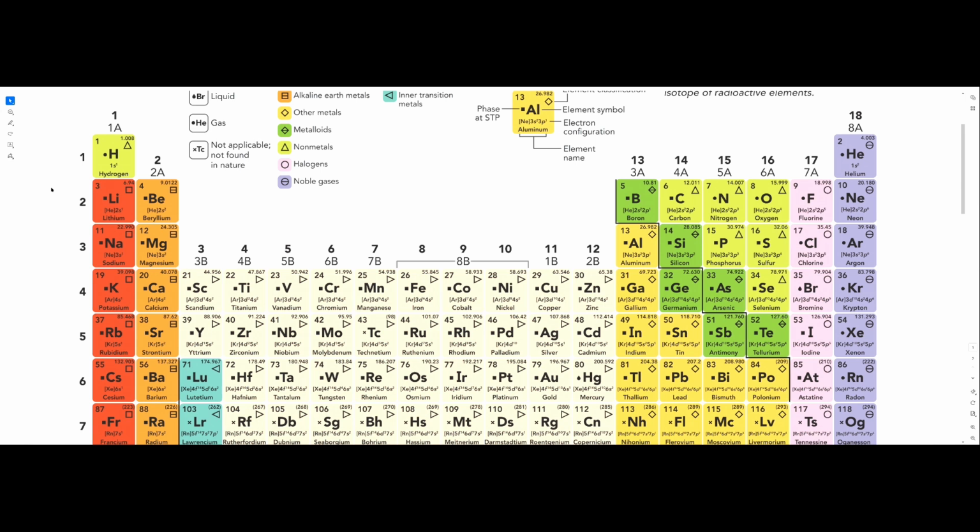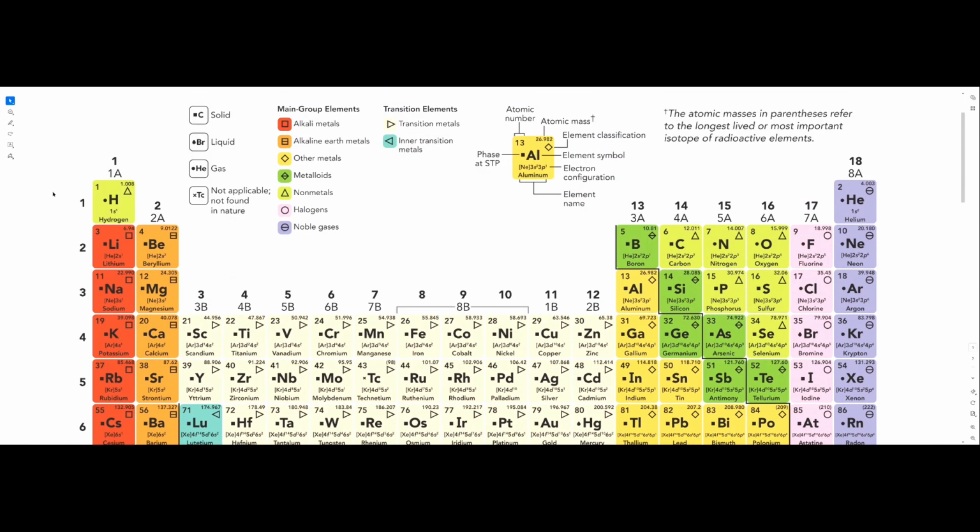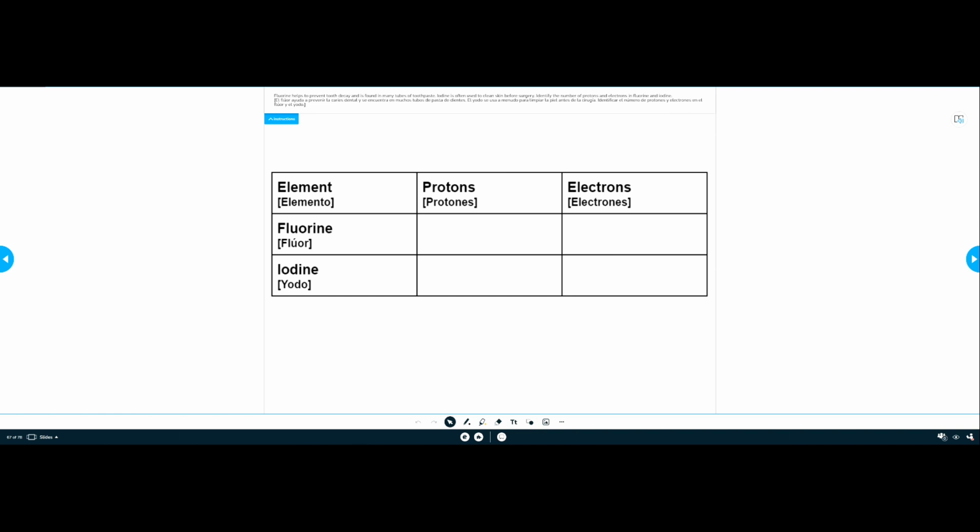Both of these elements can be found on the far right-hand side in the pink area. Using the legend at the top middle of the periodic table that we saw in the Nearpod lesson, the atomic number is the top left number. For fluorine, the top left number is 9. Let's go ahead and write or type the number 9 for fluorine, for both the protons and for the electrons.